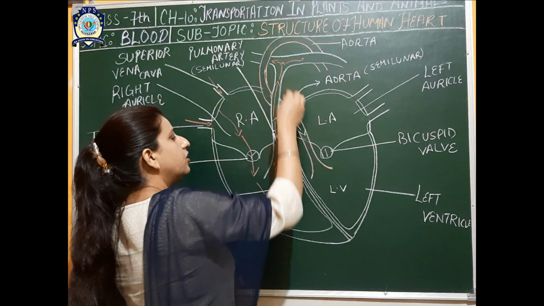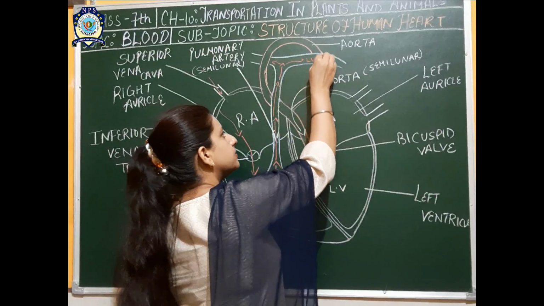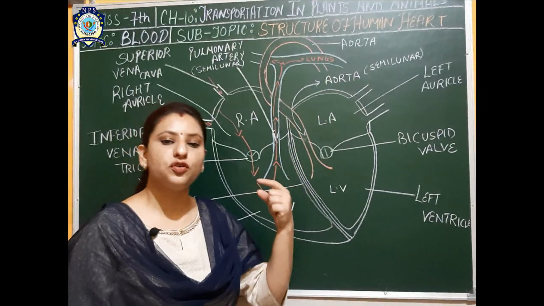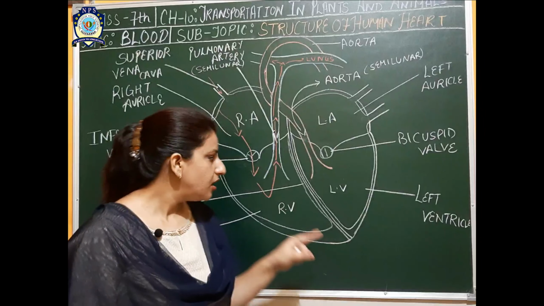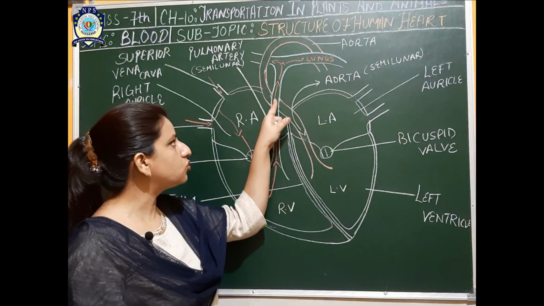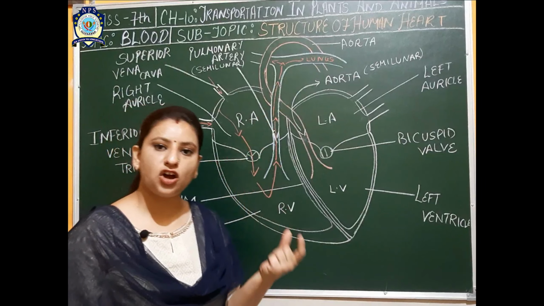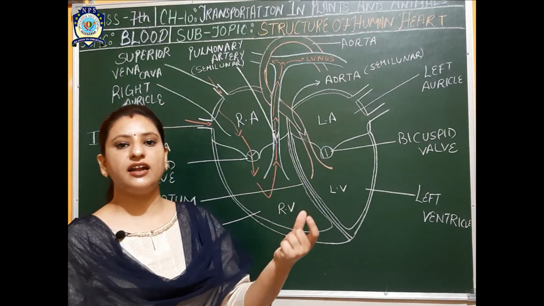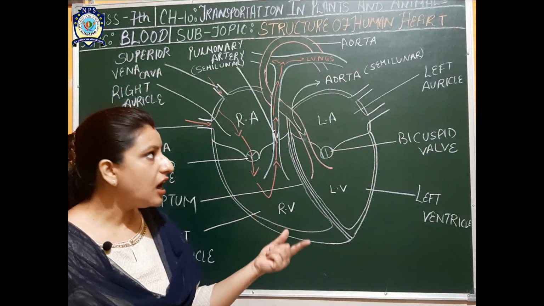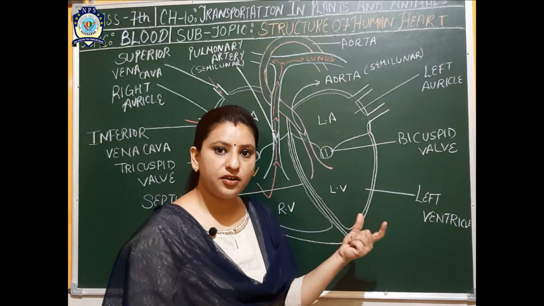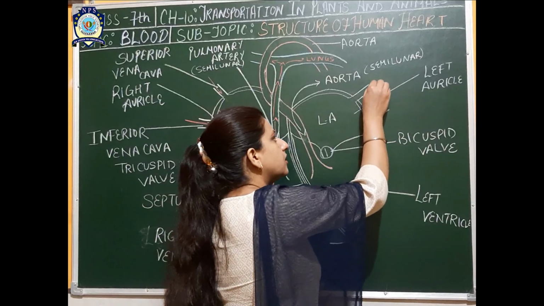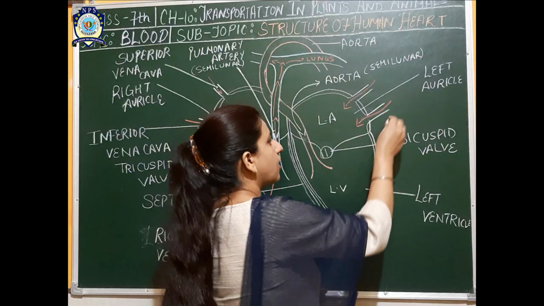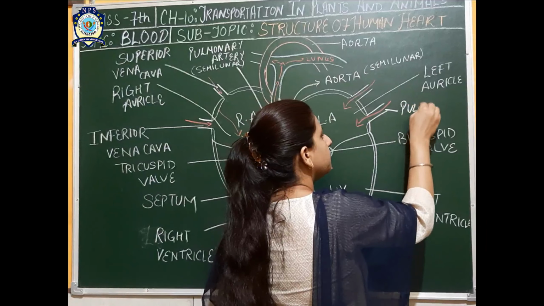and the pulmonary artery will carry the blood towards the lungs, and in the lungs purification of the blood takes place, meaning deoxygenated blood enters the lungs through the pulmonary artery, and there it gets oxygenated. Now the oxygenated blood will enter from the veins, and these veins are called pulmonary veins.